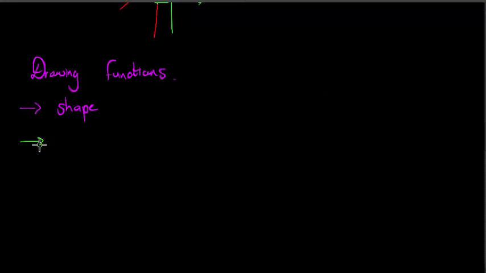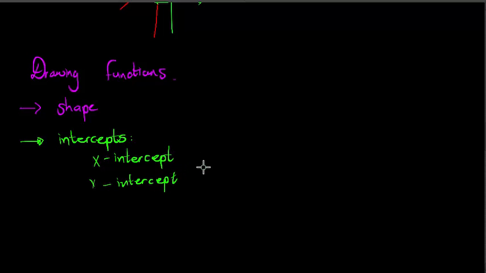After we've determined the shape, we find the intercepts. And how do we find the intercepts? Always the same. If you make x 0, you can get your y. And if you make y 0, you can get your x. So there's nothing you need to go and study.